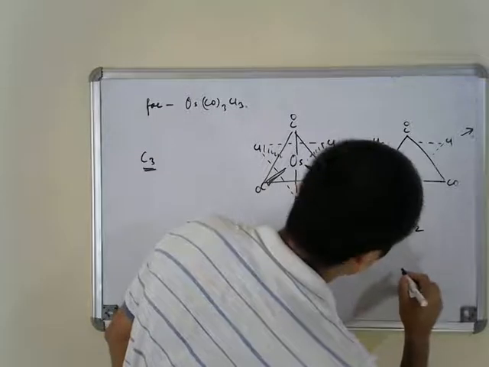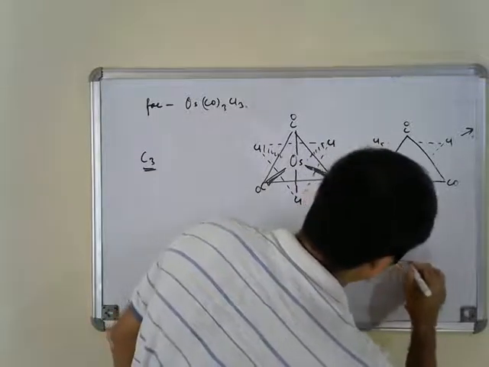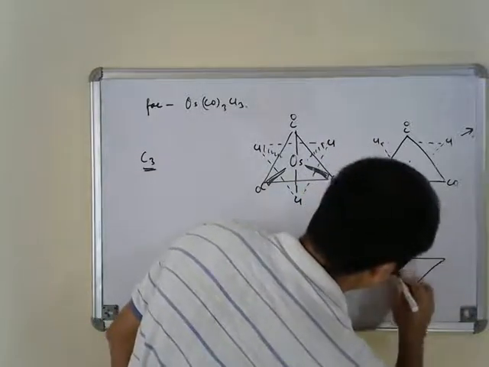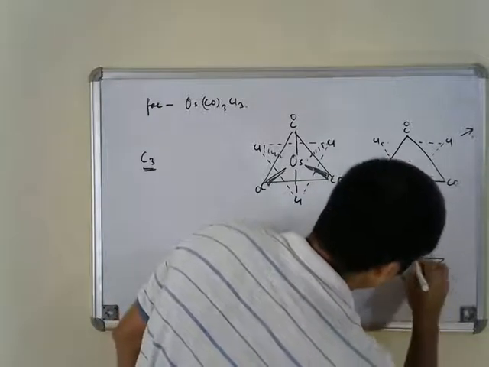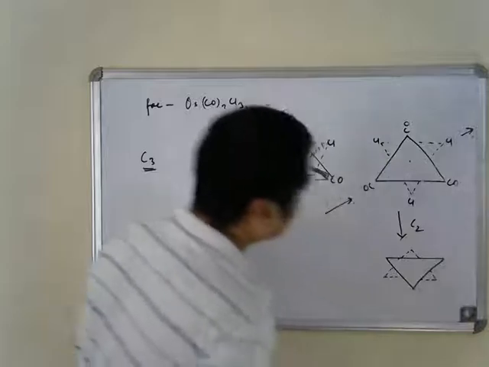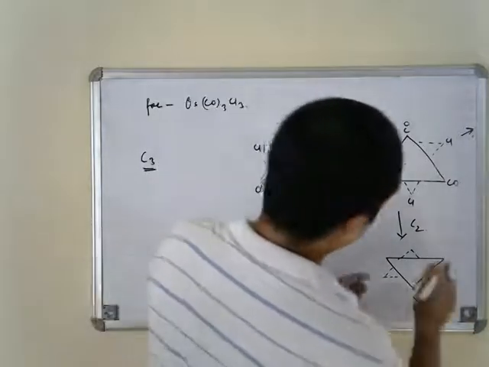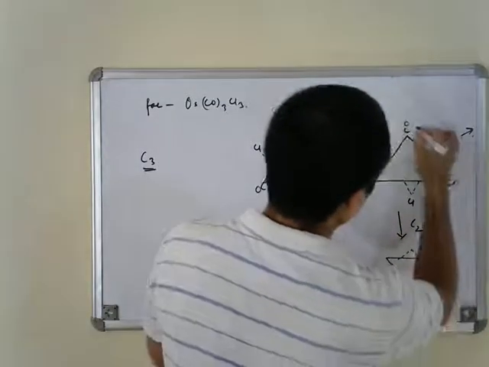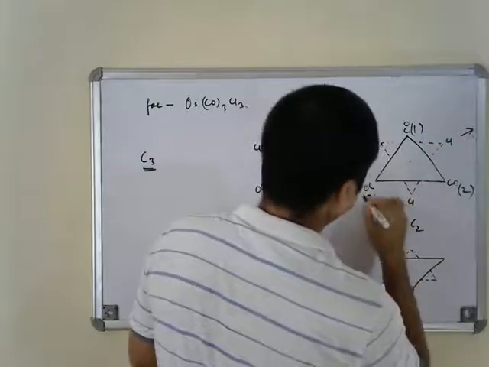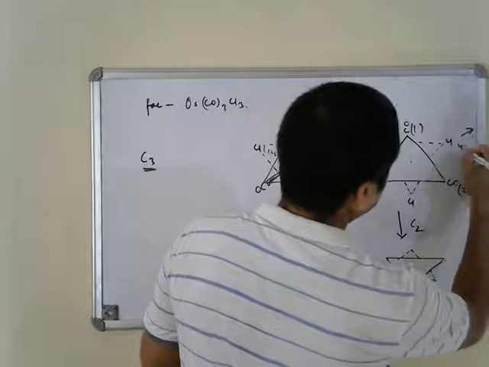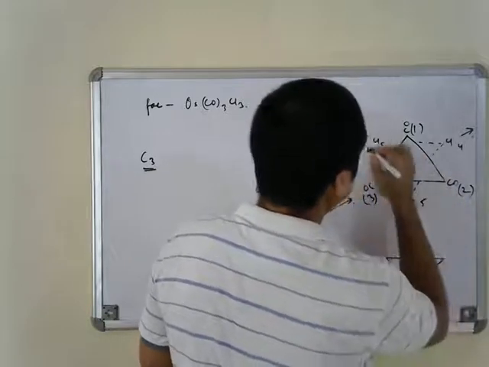What it is going to look like is this. So this is going to be this CO 1, 2, 3 if we label this way, and 4, 5, and 6.